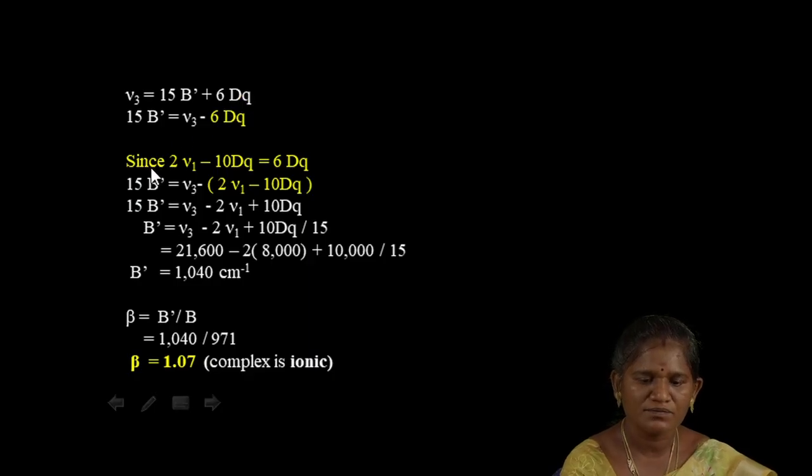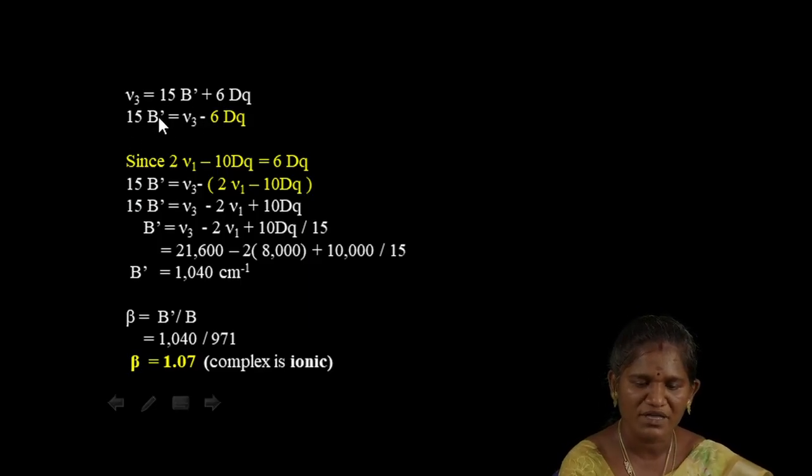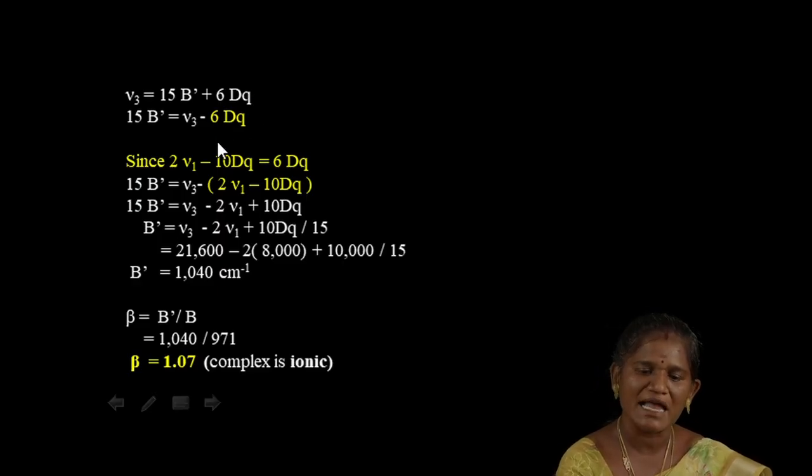Here nu 3 is known, as the third electronic transition we already know. So we have to find out the value of B prime, and here 6 Dq. So we have to find the value of this 6 Dq. For that purpose, we take 2 nu 1 minus 10 Dq is equal to 6 Dq.